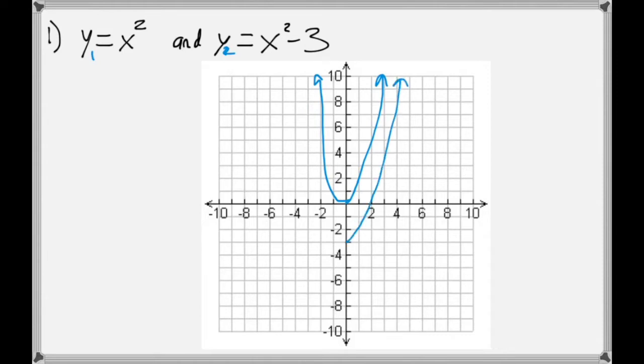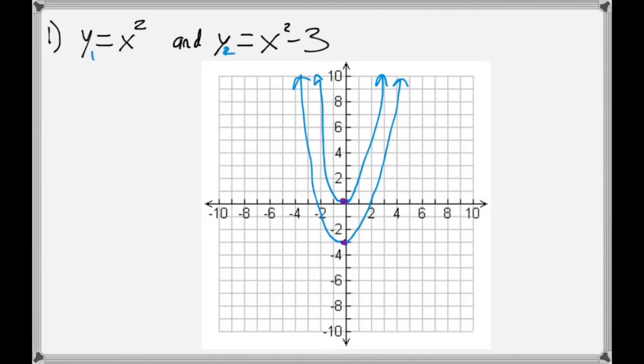When you're trying to describe how they've changed, it's best to look at two distinct points on the graph. If I look at the vertex of the parabola and compare it to the vertex of the new function, it's been shifted down 3 units.